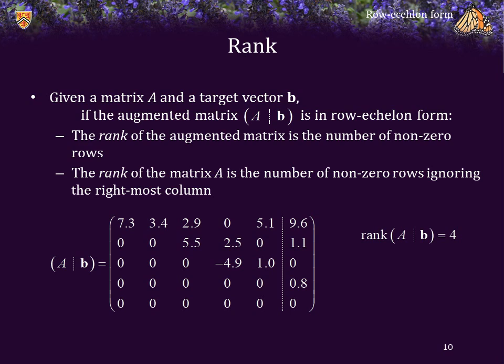The rank of the matrix A, on the other hand, is the number of non-zero rows if we ignore the rightmost column, that is, the target vector. So, if we ignore that last column, then we see that the rank of A itself is equal to 3.